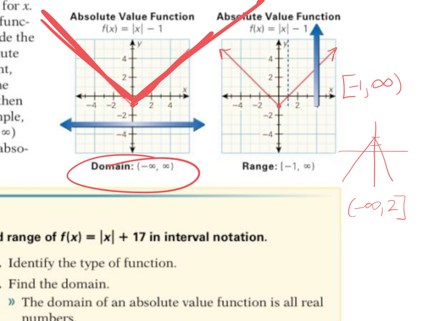Is it always an infinity? Yeah. It is never for absolute value, besides the last one. It's going to be different for every function. There's not an always for all of them. Basically the parent functions. All right, so does that make sense for absolute value? Yeah. Okay.